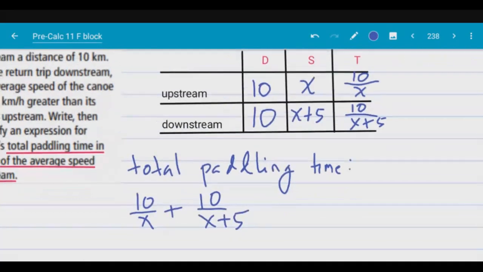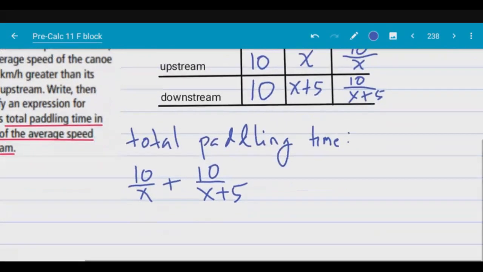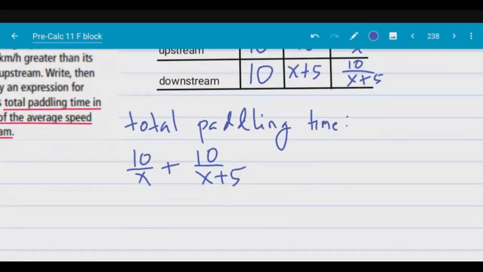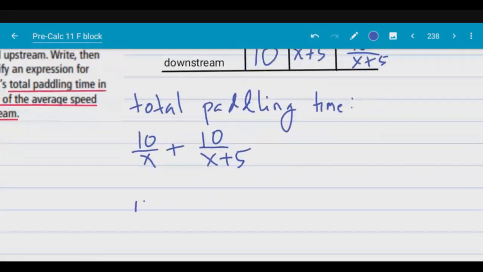And then let's just simplify that. To be able to do this, let's have the same denominator. So just multiply this and this. Just like what I've been doing from the beginning, if this is the original fraction that I have for the first one, I will need this to be multiplied to the denominator, which means I also have to multiply it to the one on top.